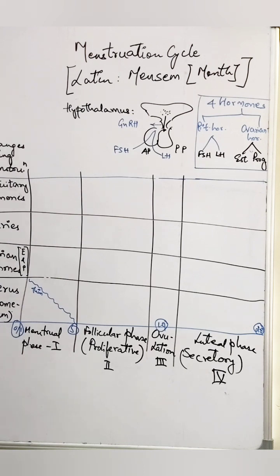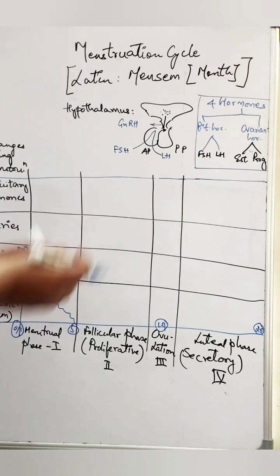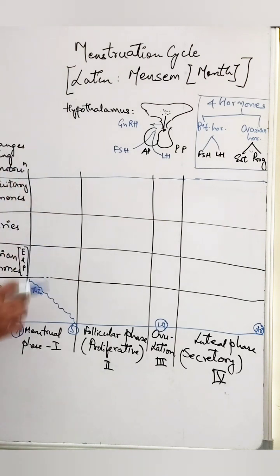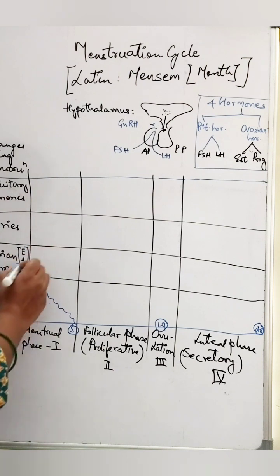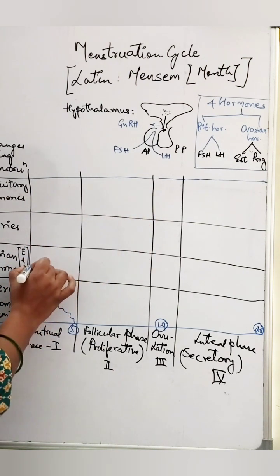At the same time, we should know that the uterus thickness is controlled by one very important ovarian hormone, which is progesterone. So when the endometrium is becoming thin and shedding, the level of progesterone will also be very, very low. The hormone progesterone, I will draw with a blue pen, is like this.